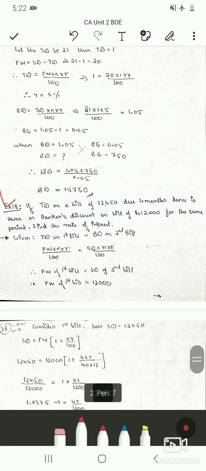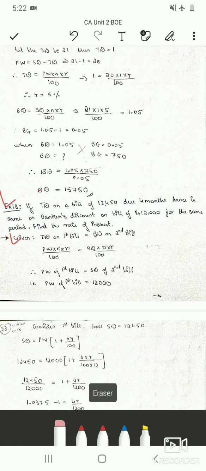So the 18th question is, if true discount on a bill of 12,450 due 4 months hence is same as banker's discount on the bill of rupees 12,000 for the same period, find the rate of interest. So here they have given true discount. So consider this to be first bill and this is the second bill.